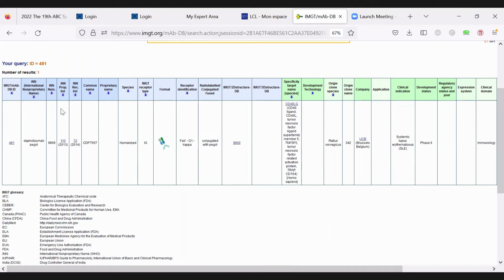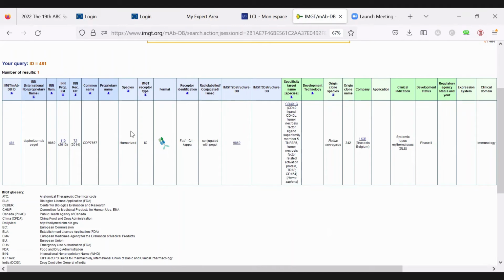You get the list number, the recommendation list, the common name of this antibody. It gives you the species. It's a humanized antibody. That is, the only thing that is not from human is the CDR, the complementarity determining region.